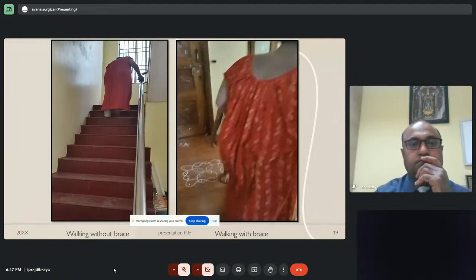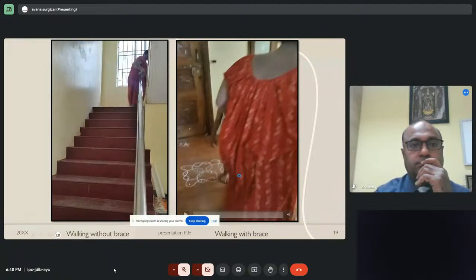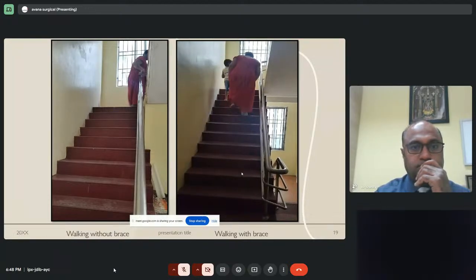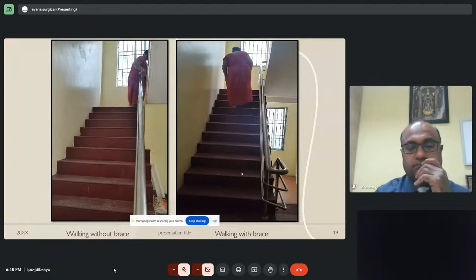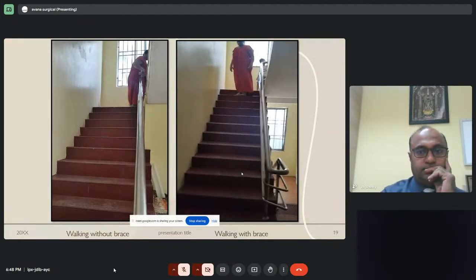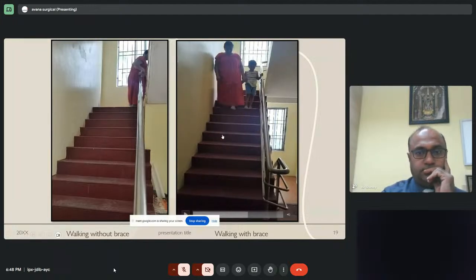But once the brace is applied, she can effortlessly climb the stairs. So this is a real example or testimony of a patient benefiting from the offloading knee brace, Compact X2K knee brace.